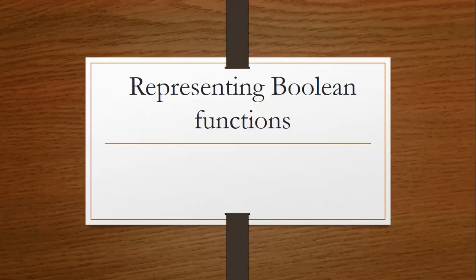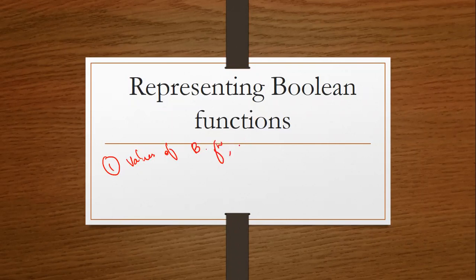Now in this topic we will study two important problems of Boolean algebra. The first problem is, given the values of a Boolean function, how can a Boolean expression that represents this function be found? So values of a Boolean function are given.